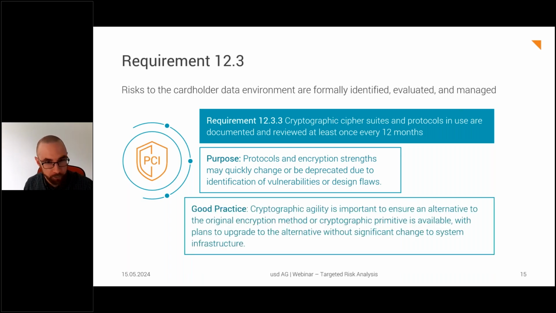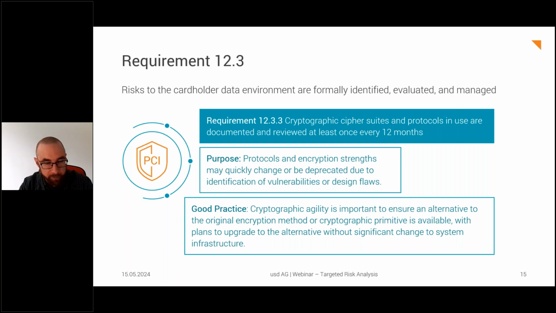And a good practice is, of course, to have some kind of cryptographic agility, is what the Council calls it here, to be able to plan correctly when and how you are going to upgrade your cryptographic infrastructure, because typically it is not easy to just change a cryptographic cipher suite or protocol.